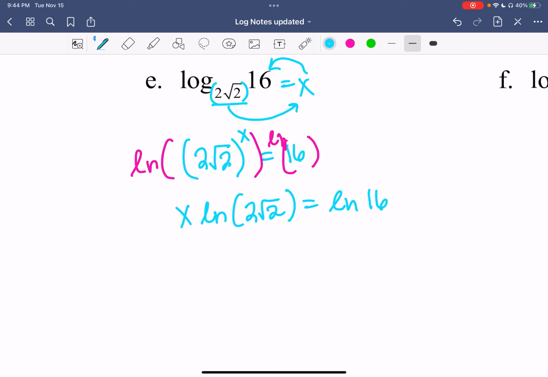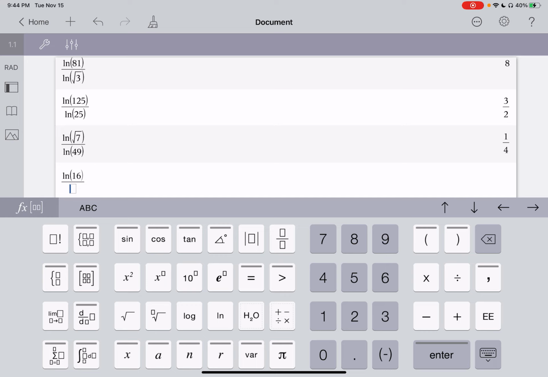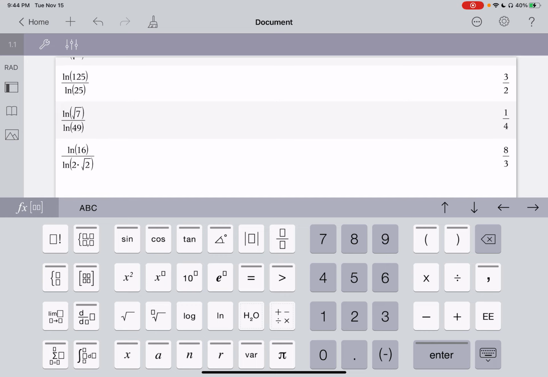Set that equal to the natural log of 16. Divide it out. These cancel. Type it in the calculator. The natural log of 16 over the natural log of 2 times the square root of 2. That gives you 8/3.